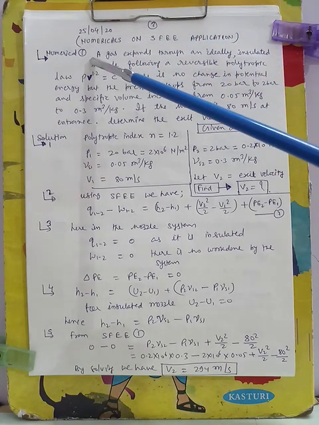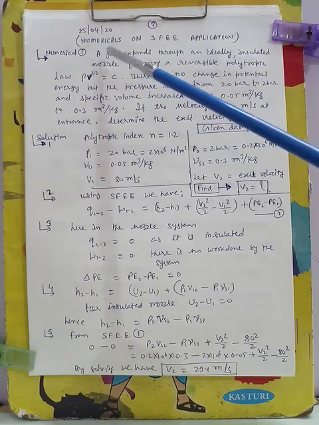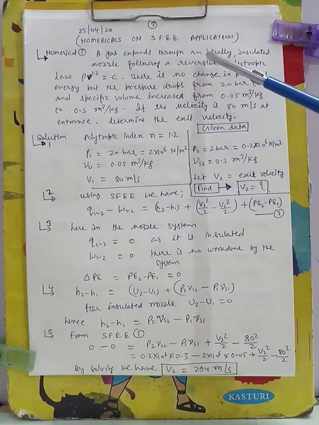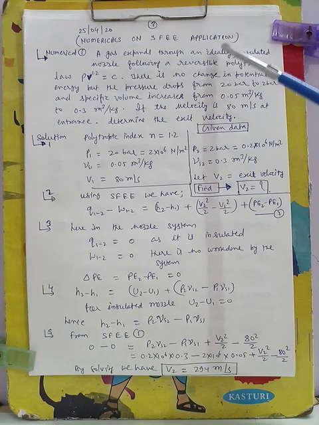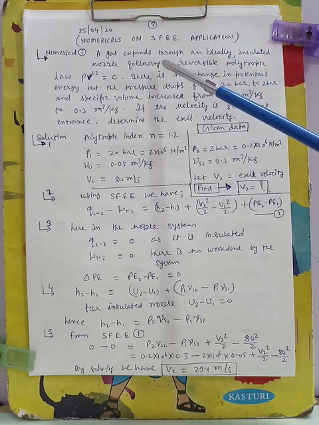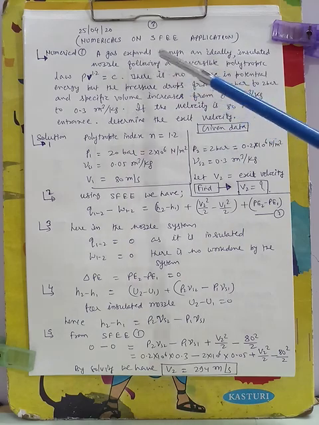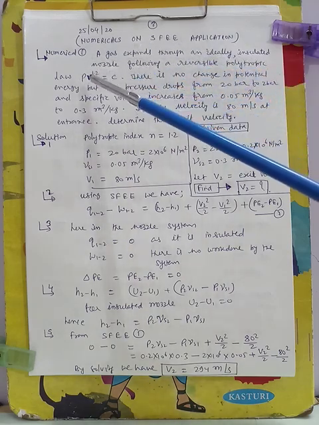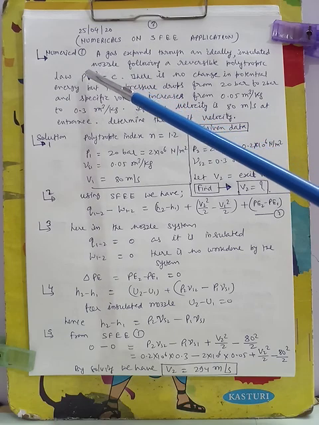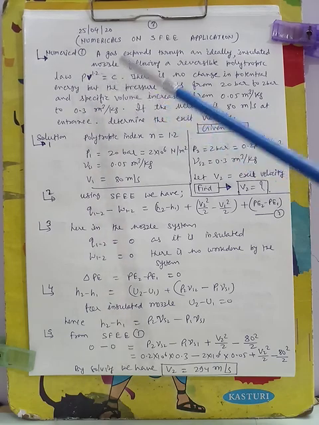Numerical number 1: a gas expands through an ideally insulated nozzle following a reversible polytropic law, PV raised to the power 1.2 is equal to constant.